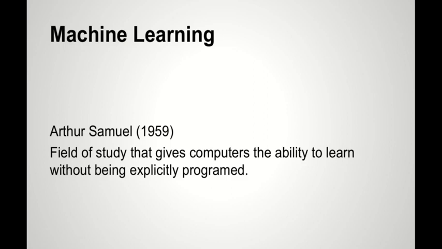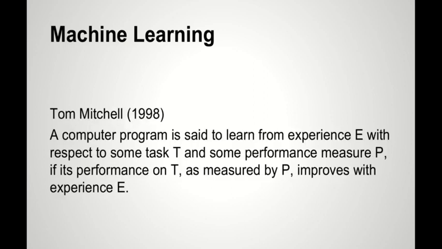Tom Mitchell in 1998 said that a computer program is said to learn from experience E with respect to some task T and some performance measure P if its performance on T, as measured by P, improves with experience.